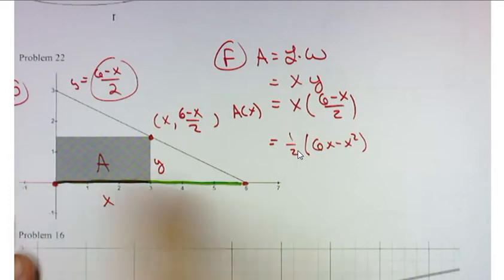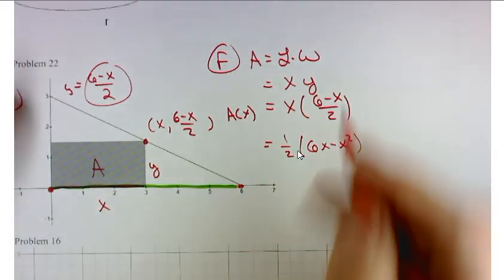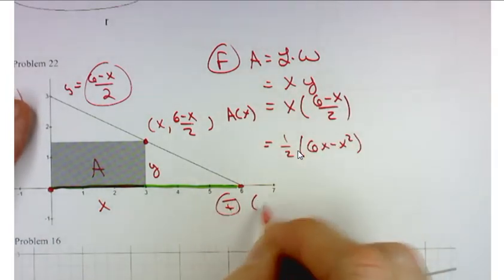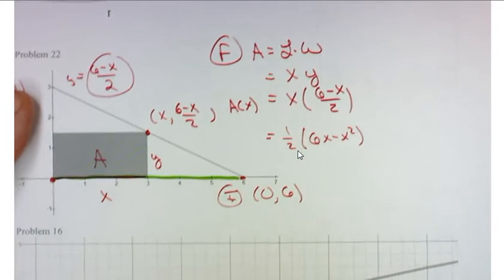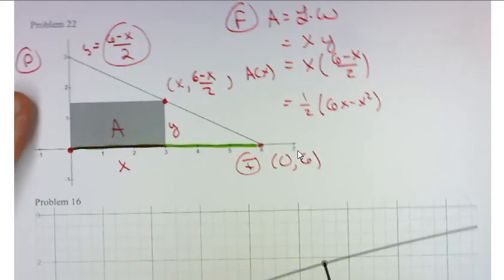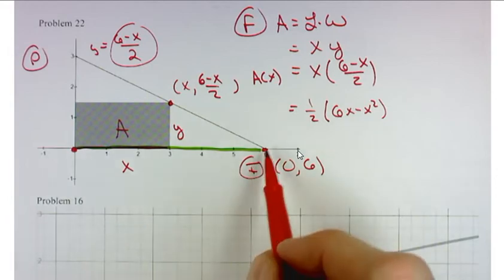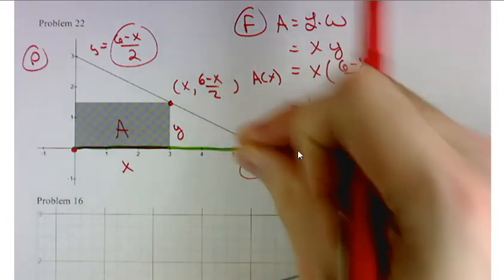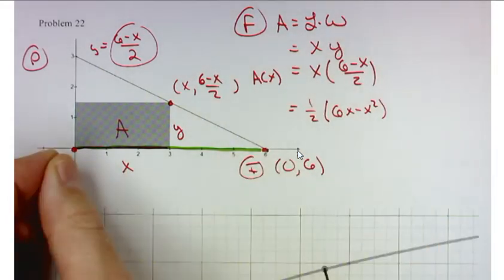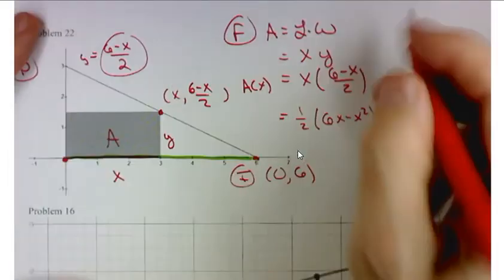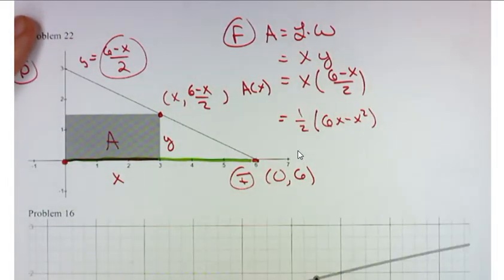So between 0 and 6, that's our interval. So let's write that down here. Interval 0 to 6. Now I can't really include the endpoints, because if I cut it out at 6, I'm not going to have any height. If I go down to 0, I'm not going to have any width. So it's not including the endpoints, so parentheses there.